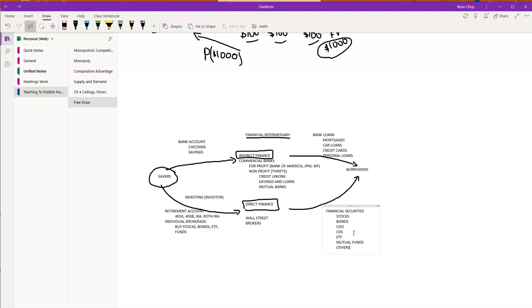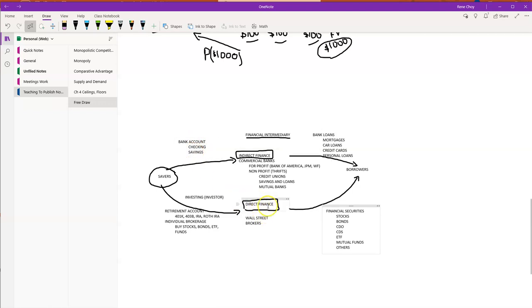Now, what is the difference again between indirect finance and direct finance when it comes to the money? So the risk in indirect finance is all really being taken by the commercial entity, by the bank. So if the loan defaults, they're the one in charge of collecting it. They also have to make sure that your account is working.